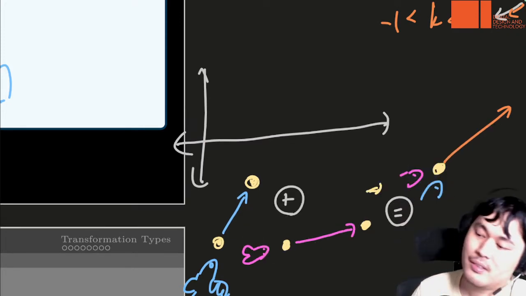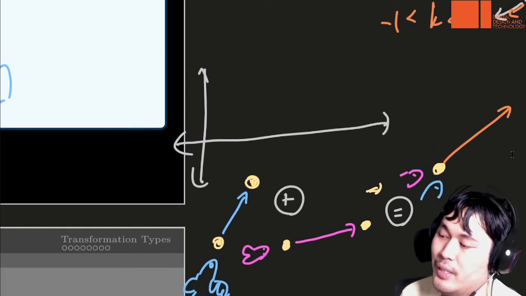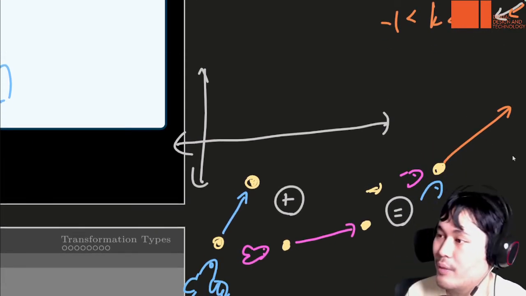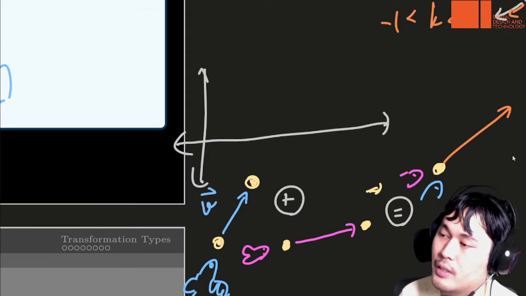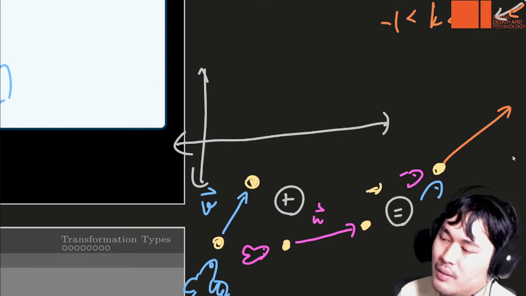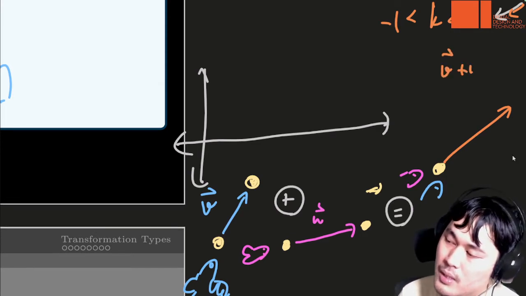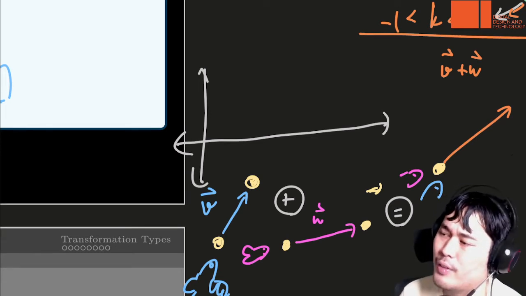How do we find this orange vector? What is this combination? So let's say that's vector v, that's vector w. Then intuitively, this should be the sum of the two vectors. But how do we define that?